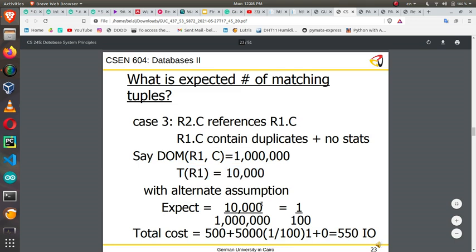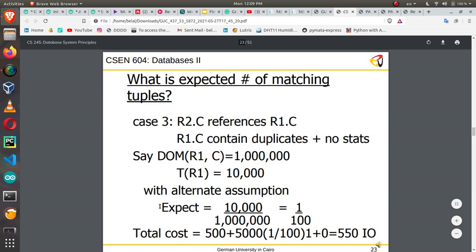So what is the chance that when we search for a value of R2 we will find it in the 10,000 tuples of R1 and not the other values of the 1 million values in this domain? The chance is 10,000 over 1 million, which is 1 over 100, and this is the expected number.